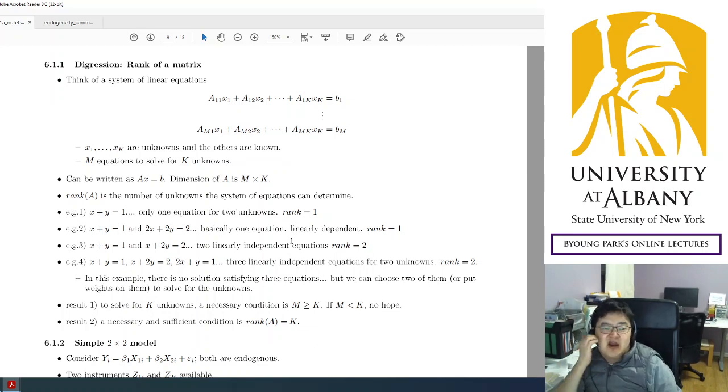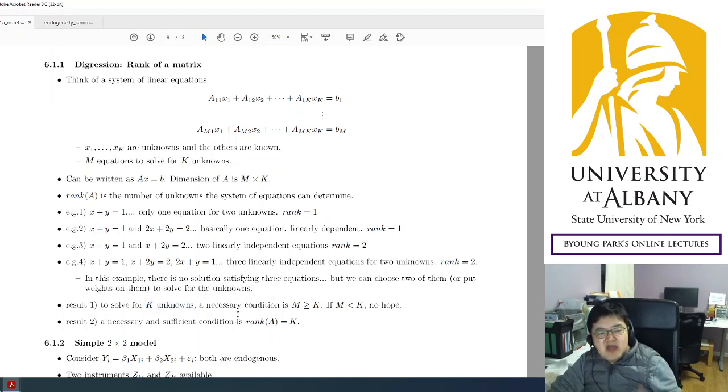So anyhow, I believe you understand what the rank of a matrix means. Basically, how many unknowns a system of equations can handle. And then what you can learn from here is, in our regression model, we have k unknowns.